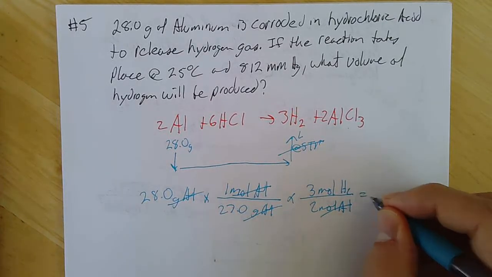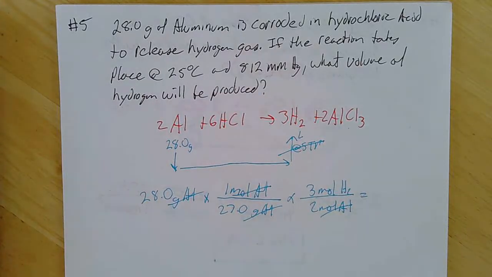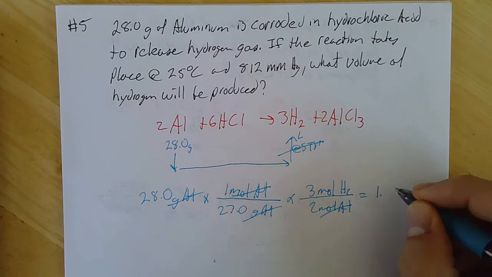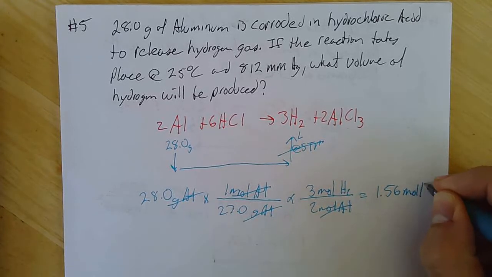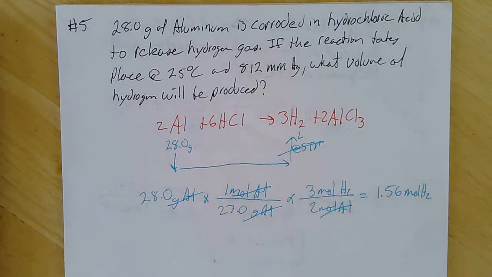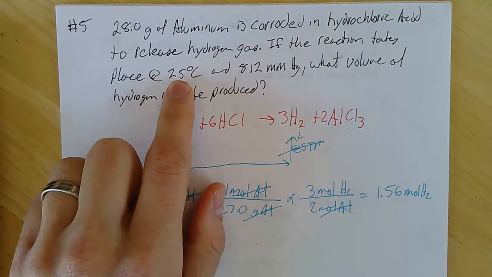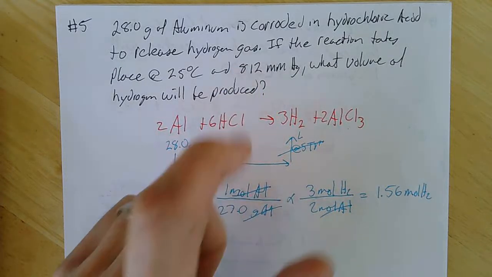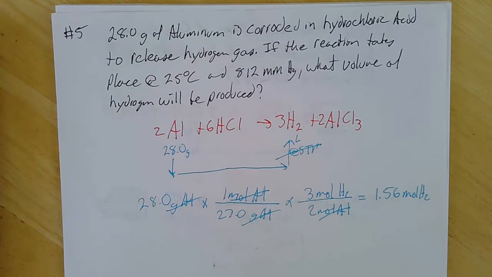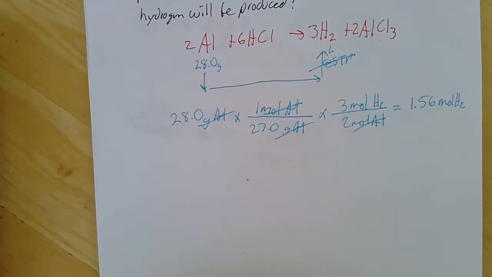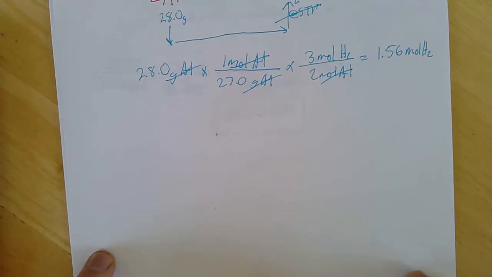So right now we finish with 28 divided by 27 times 3 divided by 2, and we have 1.56 moles of H2. Now, we have moles of H2, we have a temperature, we have a pressure, and we want to find the volume. So this problem turns into an ideal gas law problem.